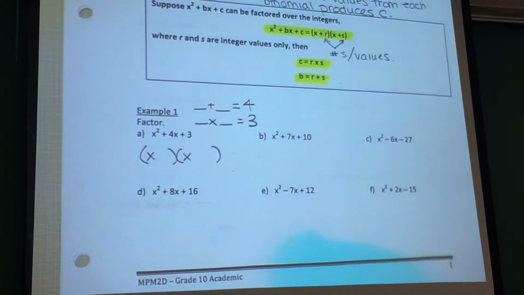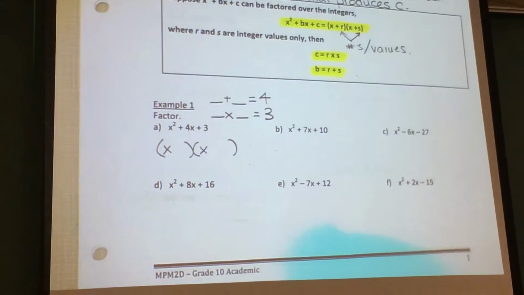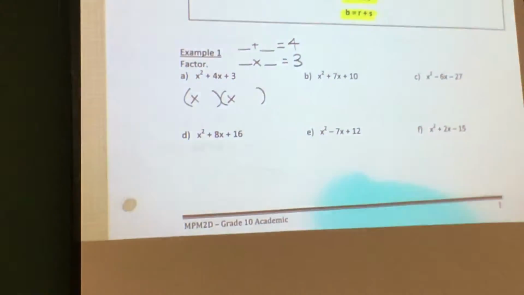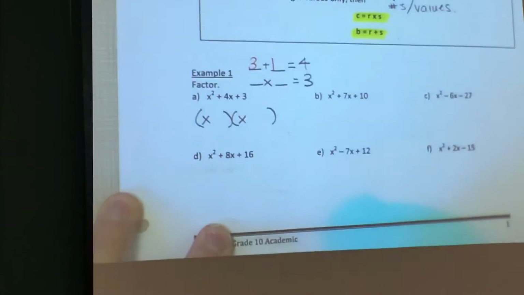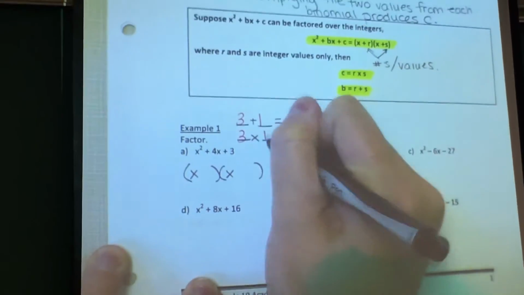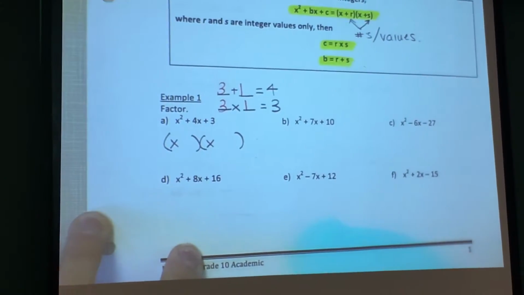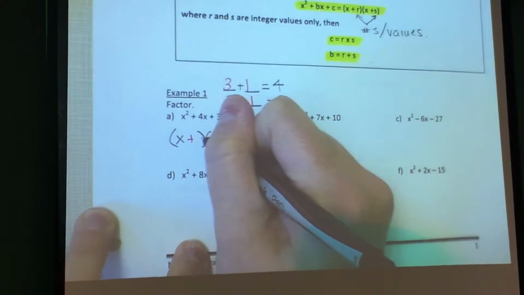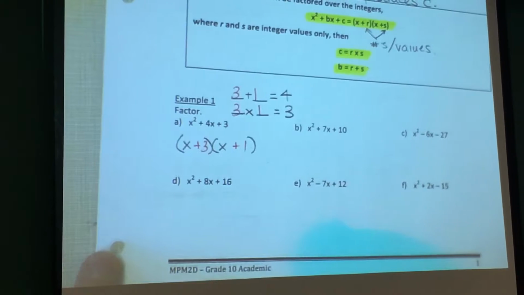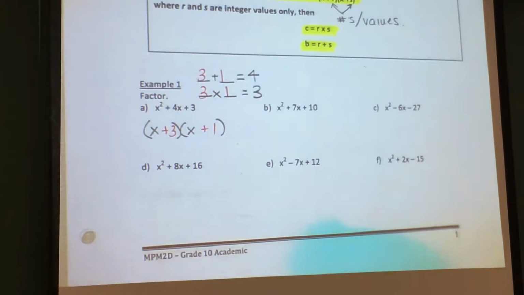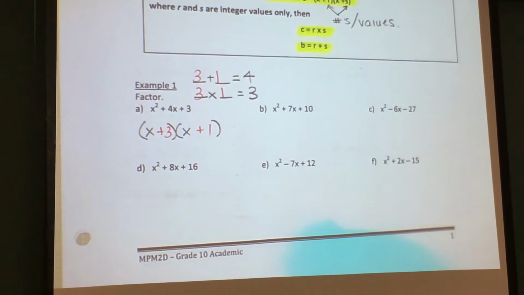Yep. 3 and 1. Okay? Because if I take 3 and 1, they're going to add to give me 4. And if I take 3 times 1, they're going to multiply to give me 3. And that gives me my two values in my brackets. So I have just factored that to be x plus 3 times x plus 1.